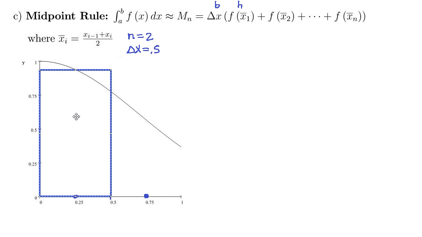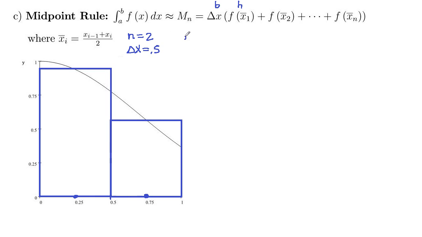So I'm looking up from here. And then the second rectangle, I want my height from above the 0.75. So that rectangle would look about like that. So again, I'm looking above the 0.75, function value at 0.75 to get my height.